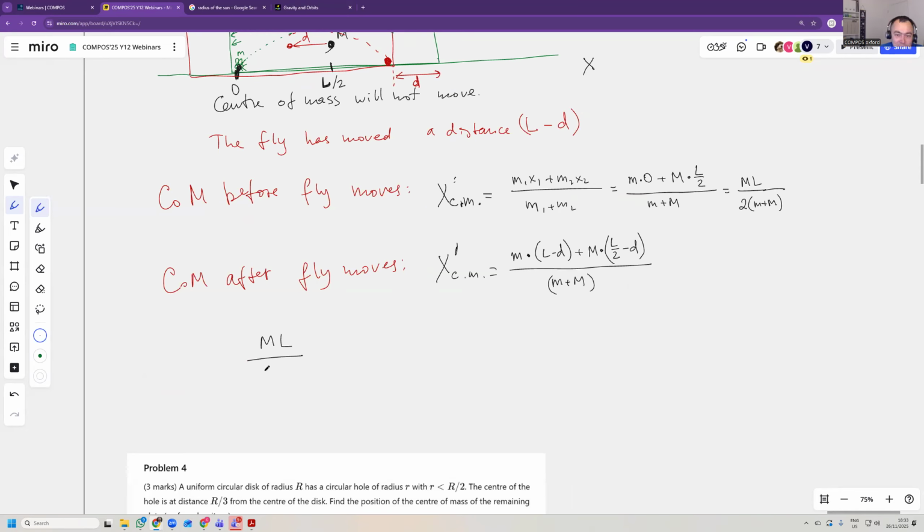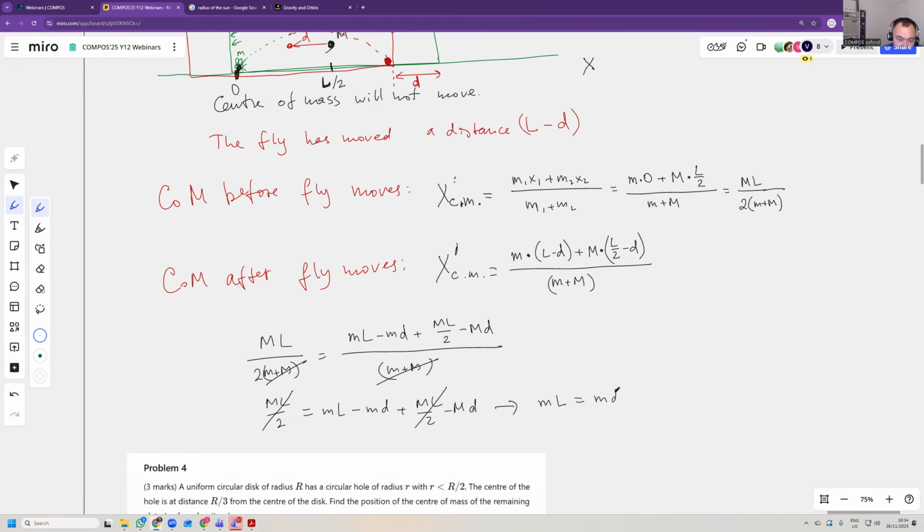So M L over 2, over (m plus M), equals, let's open the brackets, m L minus m d plus M L over 2 minus M d, divided by m plus M. So m plus M cancels, and we get M L over 2 equals m L minus m d plus M L over 2 minus M d. So M L over 2 cancels, and we get small m L is equal to m d plus M d.